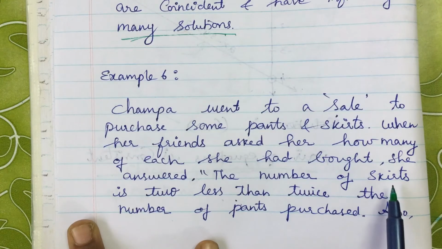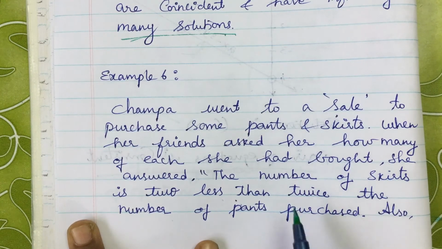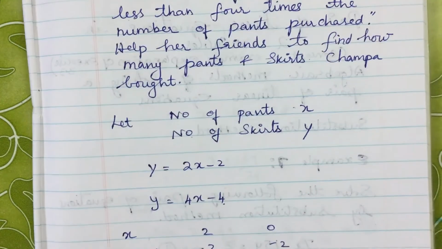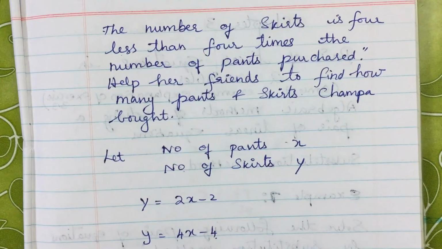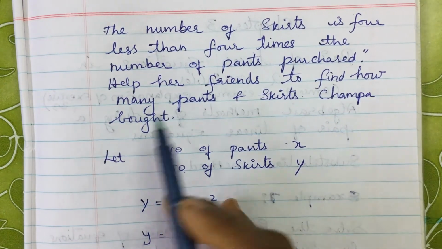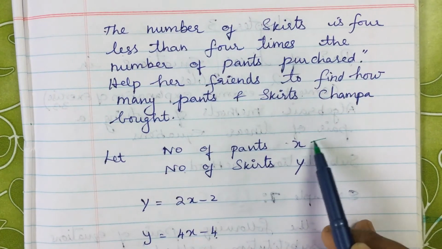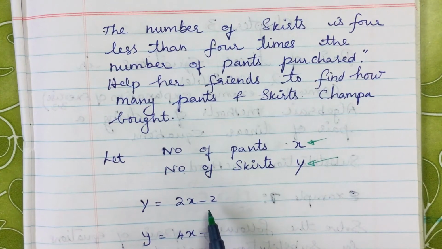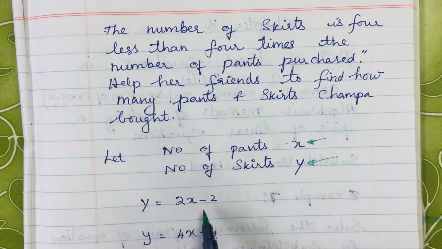So if you take the number of skirts as x and number of pants as y, then twice the pants is 2y. 2y minus 2 should be your x. Here I have taken number of pants as x and number of skirts as y, so it is coming reversely. y is equal to 2x minus 2.